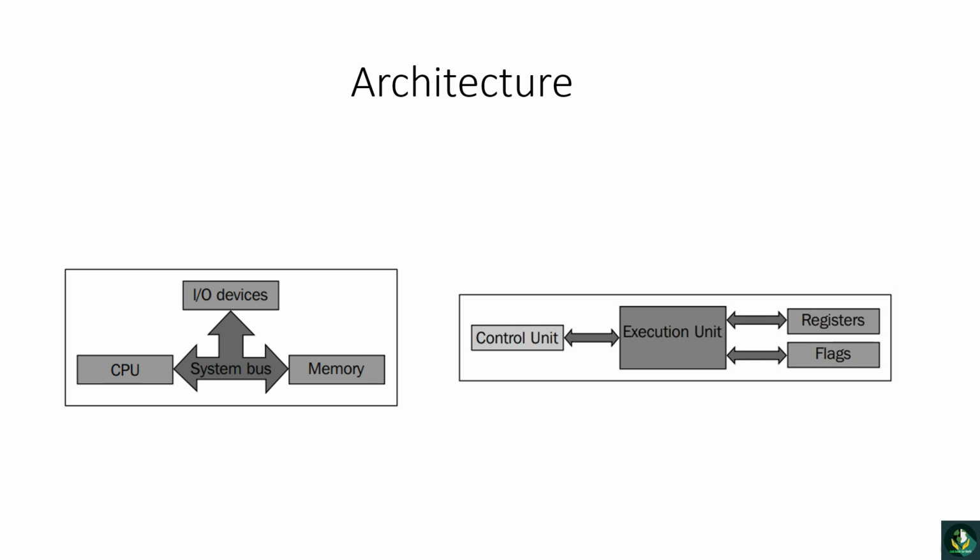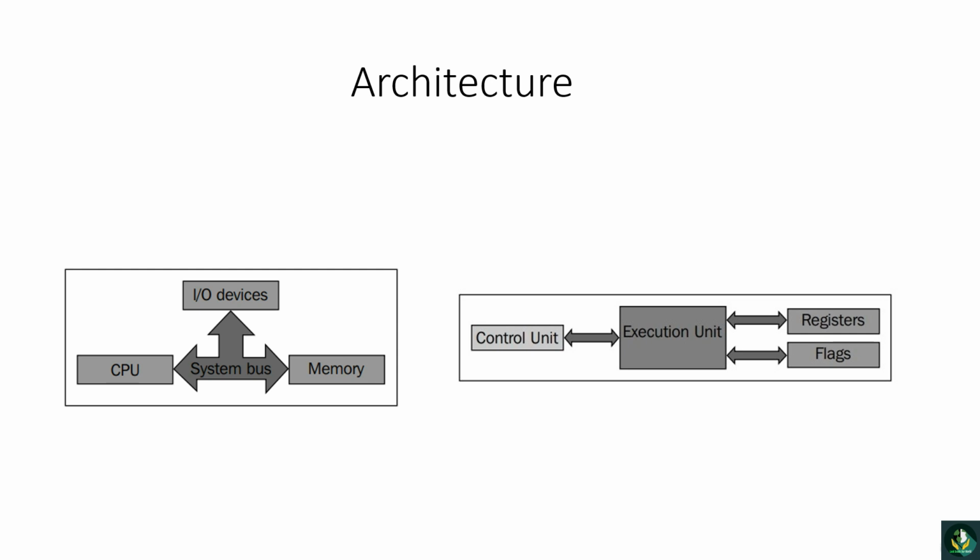Before you start writing programs and performing other tasks such as debugging, let's understand how the components are actually organized in the system with the help of this diagram. We can clearly see that every main component in the system is connected using the system bus. Therefore, all communication that takes place between the CPU, memory and I/O devices is via the system bus.